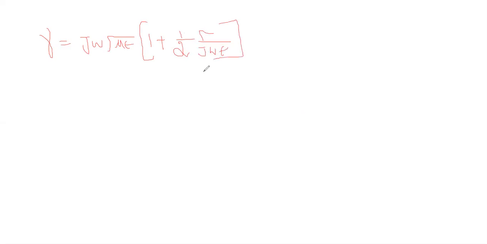This is the equation we got in the previous page. Multiplying the terms: j omega under root of mu epsilon plus, with the second term j omega gets cancelled, 1 by 2 under root of mu epsilon, and also sigma is there, sigma by epsilon.